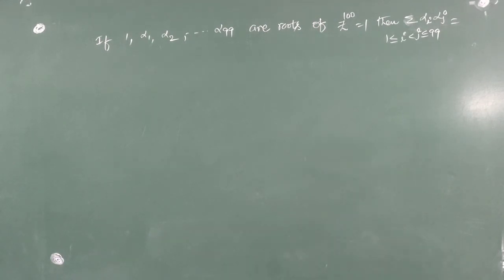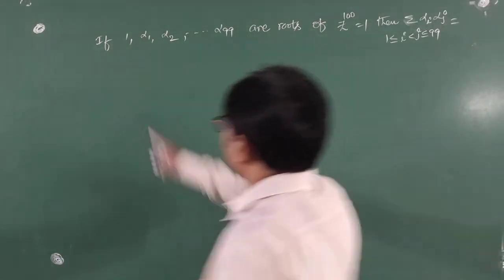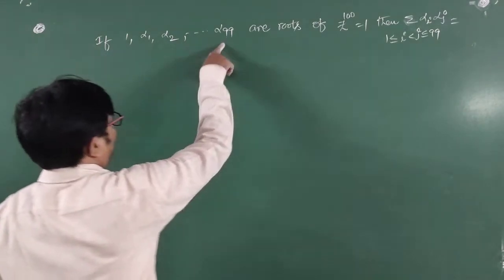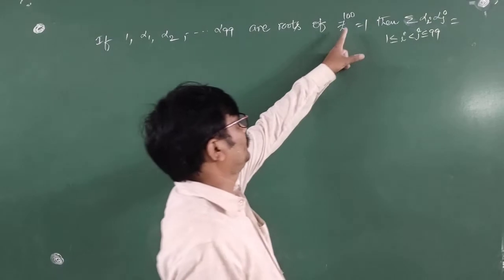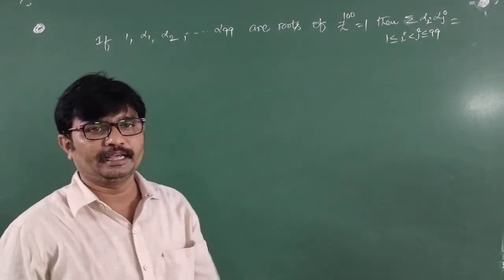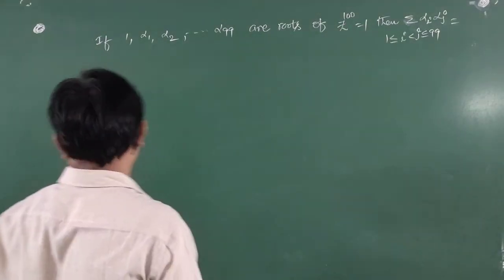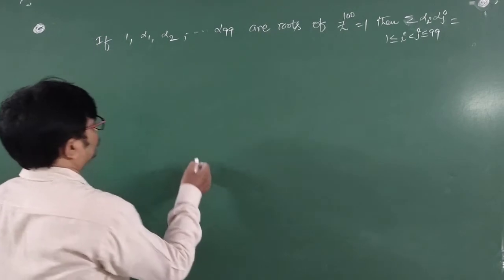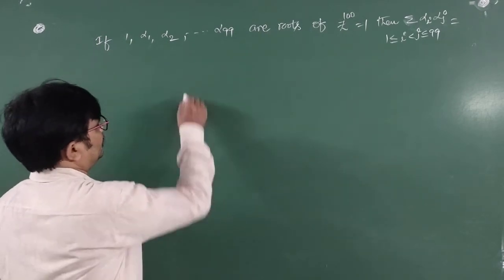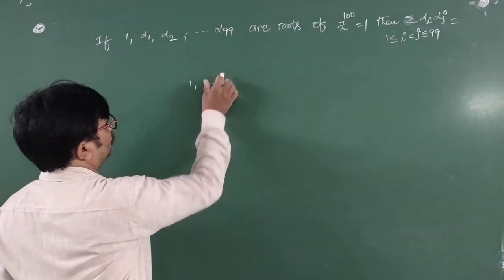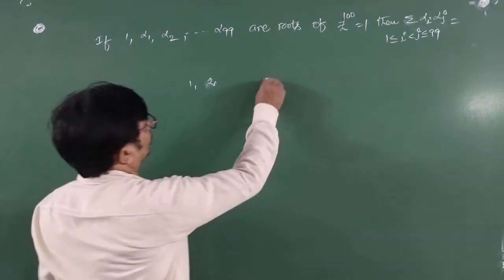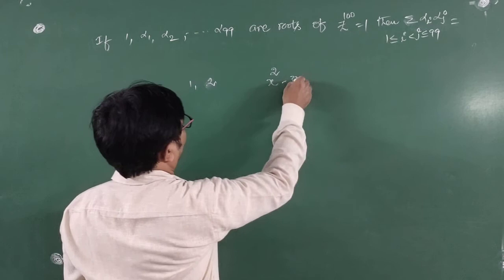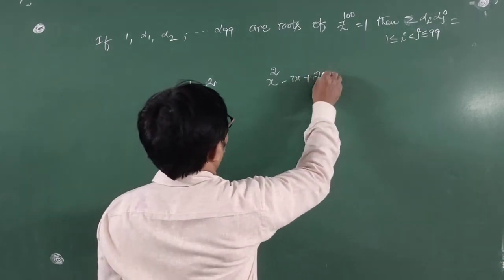Dear students, if 1, alpha 1, alpha 2 and so on up to alpha 99 are the roots of z power 100 minus 1, how can you write this? Suppose 1 and 2 are the roots of x square minus 3x plus 2.